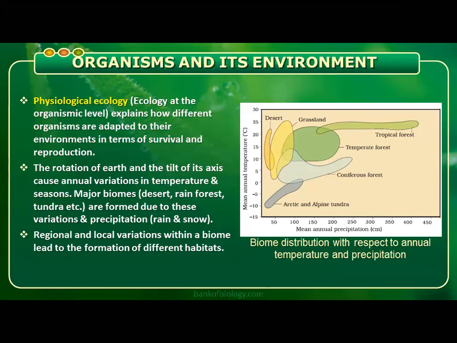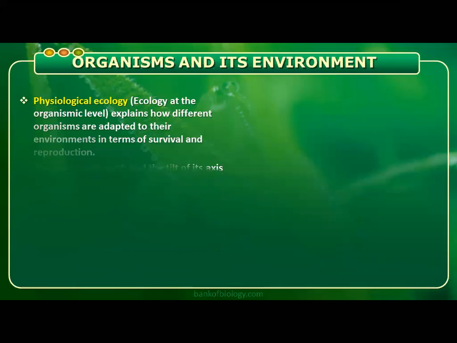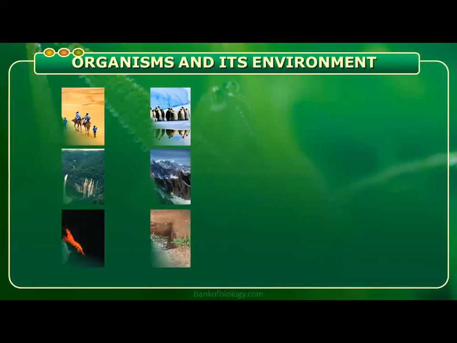The regional and local variations within a biome lead to the formation of different habitats. You should follow every sentence here, as I already said, because of the huge weightage: organism and population, biodiversity, ecosystem, environmental issues. Almost every sentence you will find as a question in previous papers. So let me read: regional and local variation within a biome lead to the formation of different habitats.